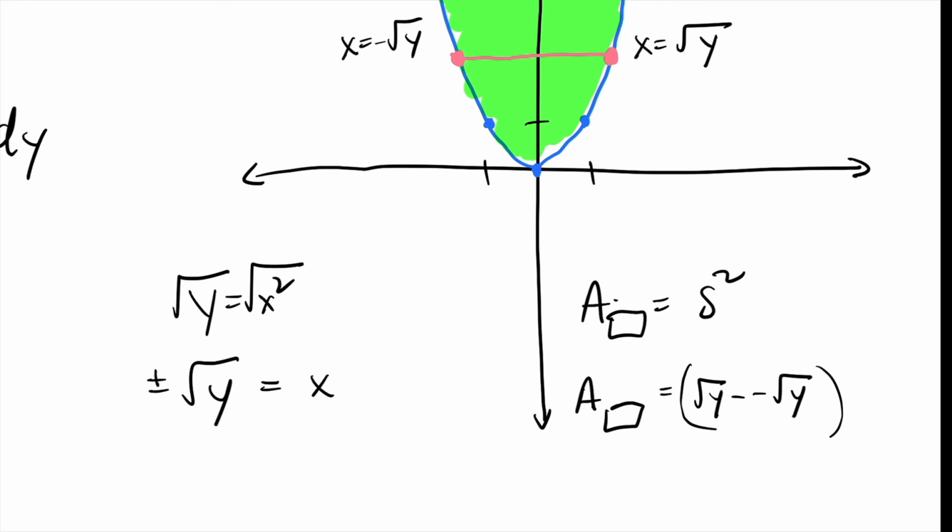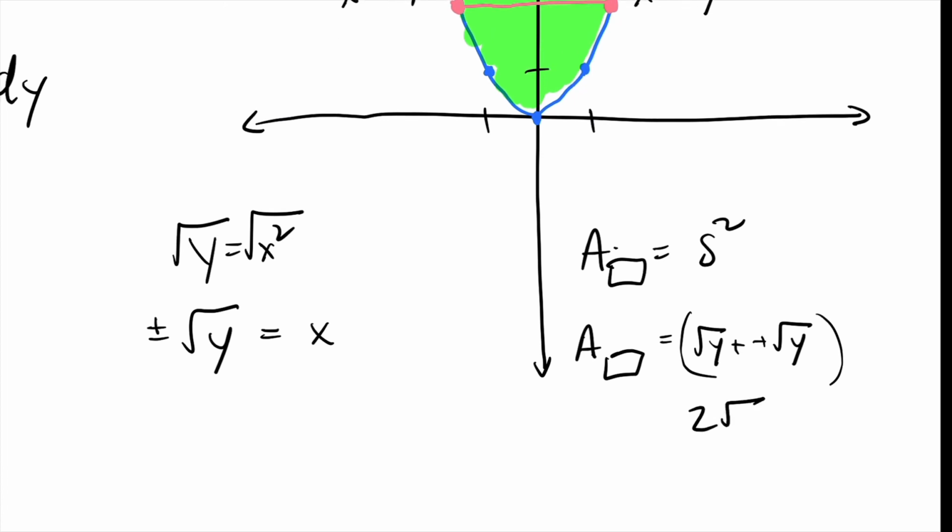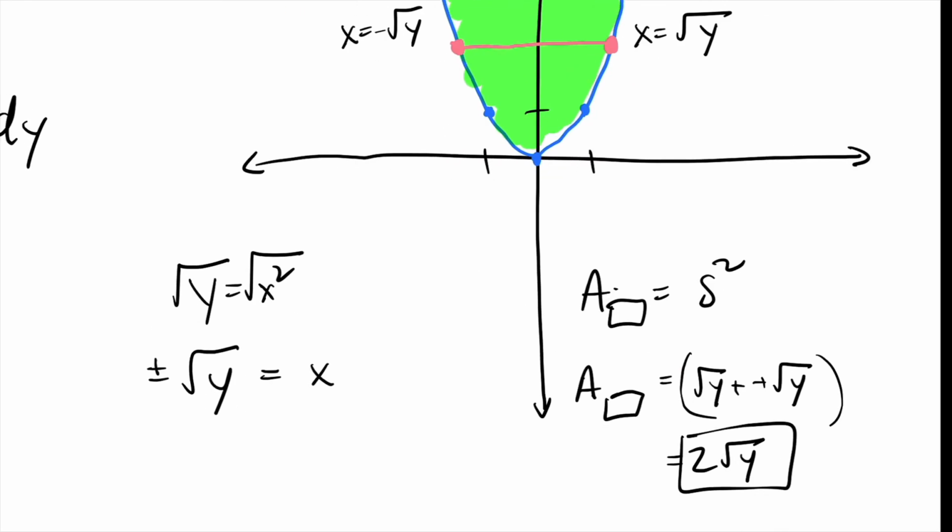That'll give me that side length. Put them together, you get 2 square root of y. That's a side length.